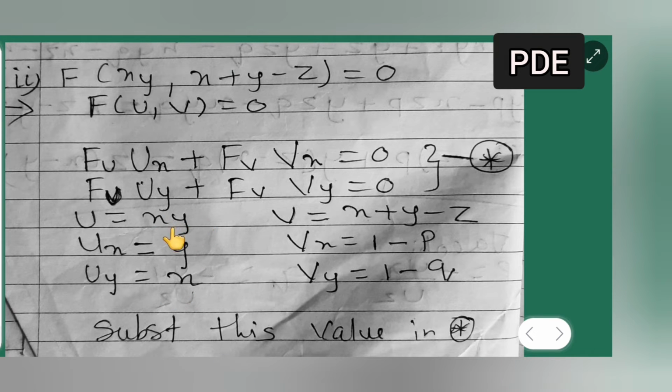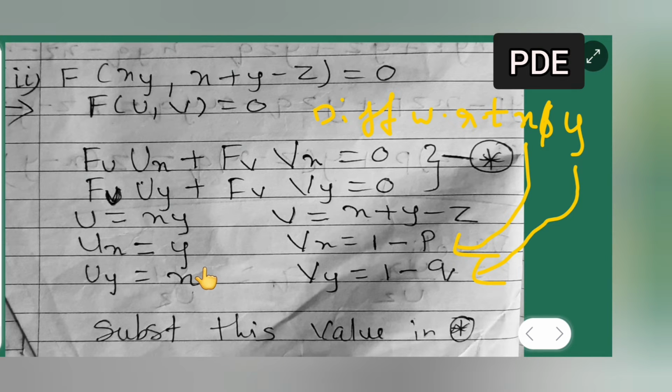Now I have to differentiate this with respect to y. You all have to differentiate with respect to x and y, so do this differentiation, and for this x will come here.